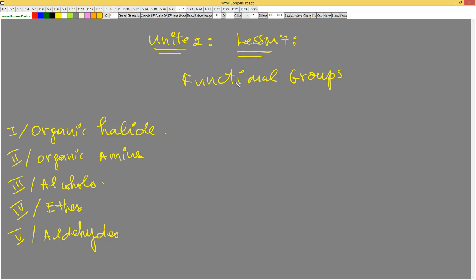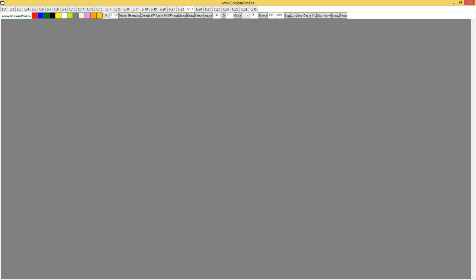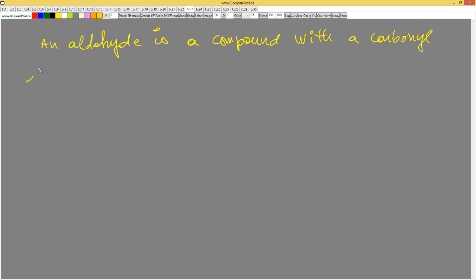So I'm going to write it here: an aldehyde is a compound with a carbonyl function.